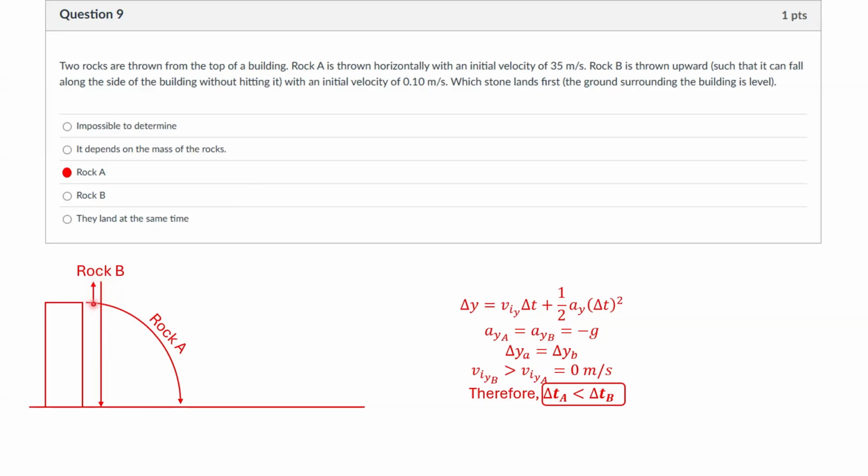Whereas rock A will simply fall from its initial height of vertical displacement equal to the height of the building. So conceptually, for those reasons, rock B will necessarily land after rock A, given that the land near the building is level, meaning they both start at the same height, both end at the same height.